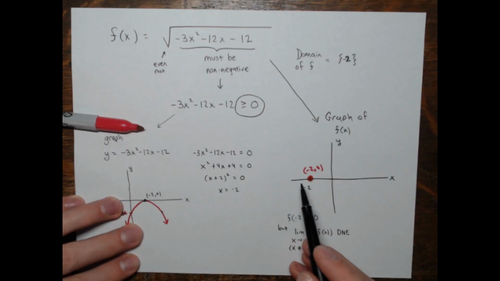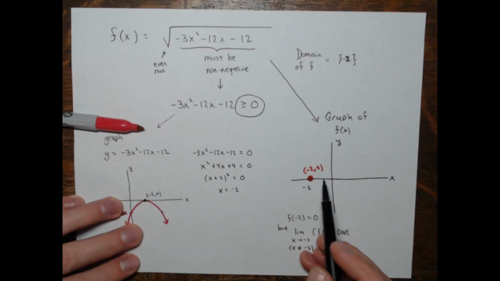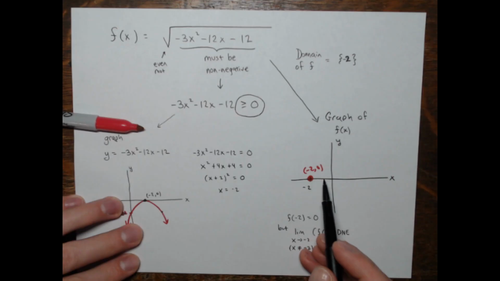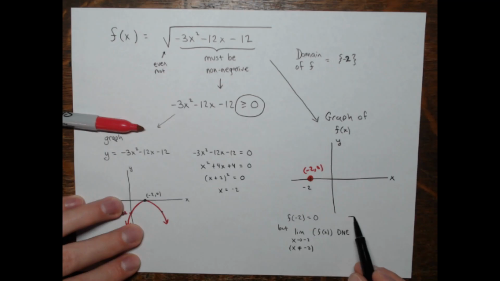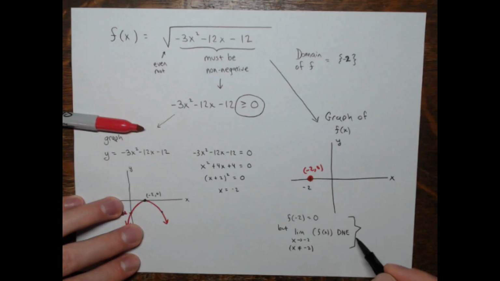You can't talk about it. You can't even plug these values in. The right side limit doesn't exist. Again, you can't really talk about it because there's nothing there. So even though there is a value where it's defined, if it's just a single value like this, the two-sided limit there doesn't exist.